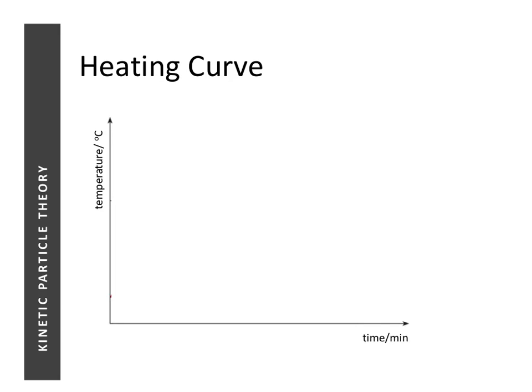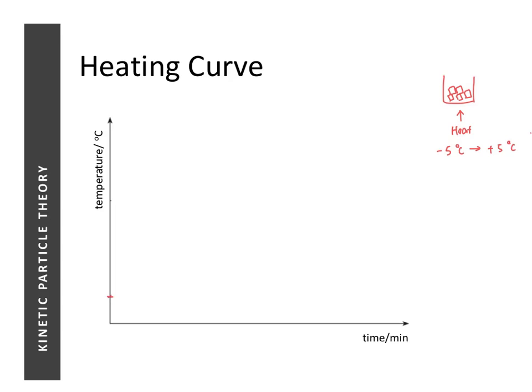Now let us examine a scenario where we are heating a beaker of ice, from a temperature of -5 degrees Celsius to +5 degrees Celsius. And we monitor the change in temperature of the substance with time.